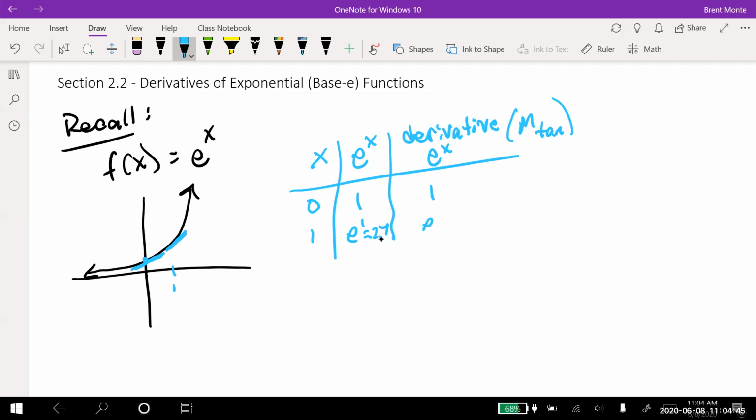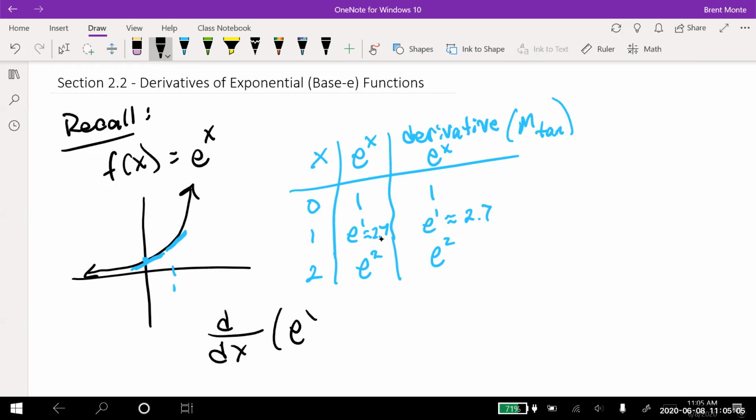But the derivative is also exactly e to the 1, again approximately 2.7. And that works for any x value I get. This would be e squared, and the derivative is e squared. So in fact, the derivative of e to the x is just e to the x.